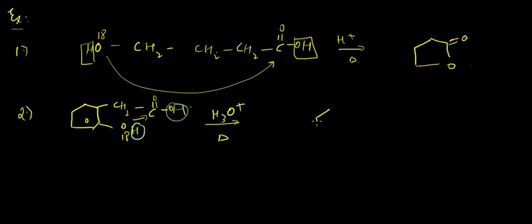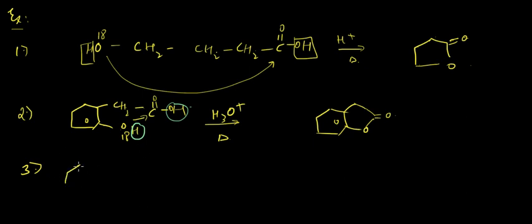As a result, we'll be getting a ring formed, rather 1 2 3 4 5 member ring. Those two carbon atoms from benzene are also there, right? So this will be the product formed. Okay, let's look at another example.